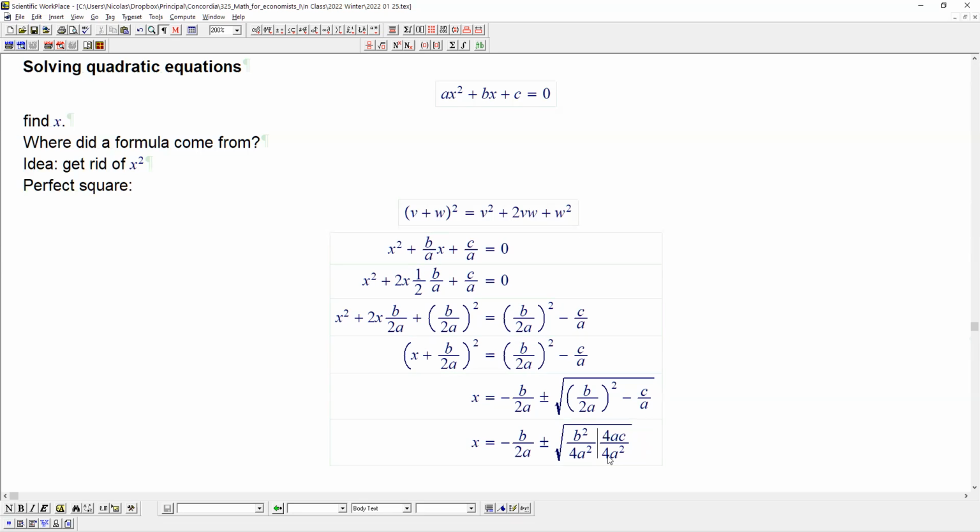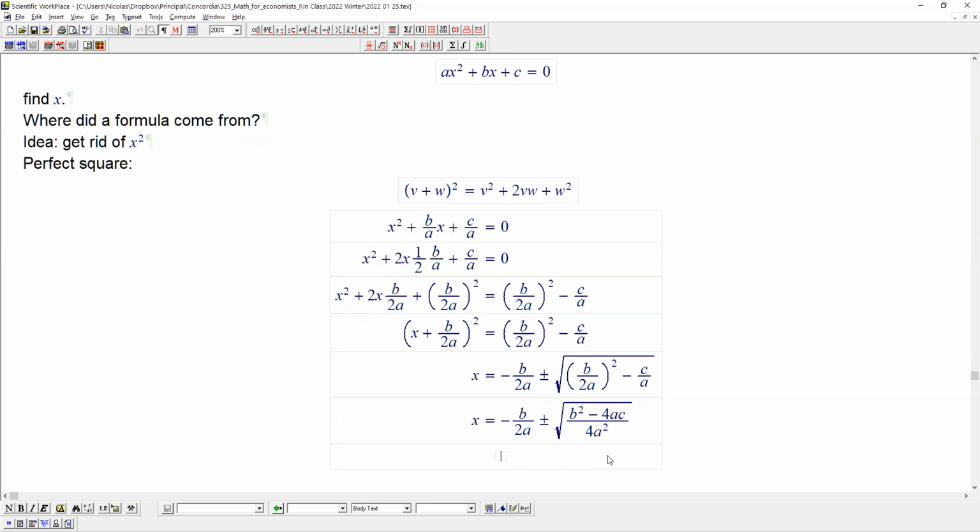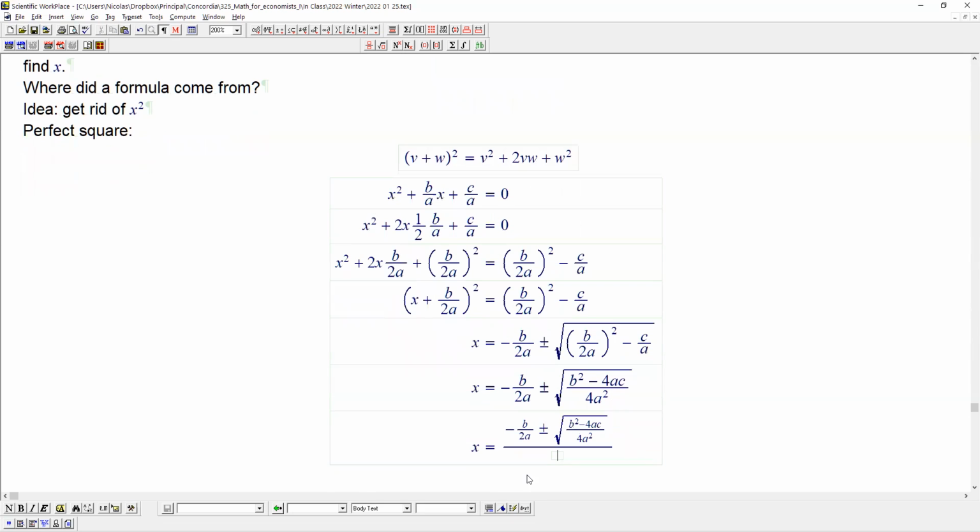So I can have this right here. So then, of course, I can just take out the 4a squared and get 2a there. So I can just have this there. All right.